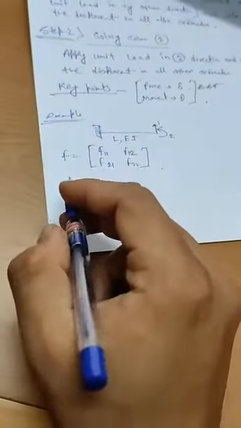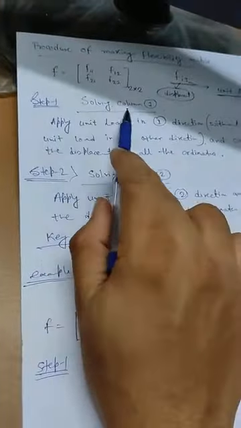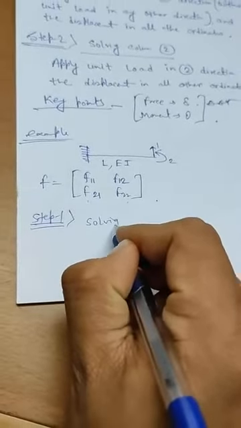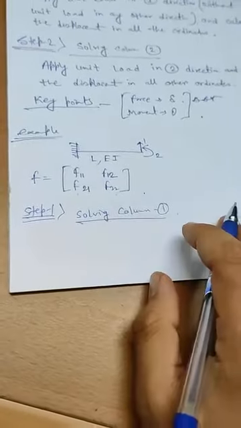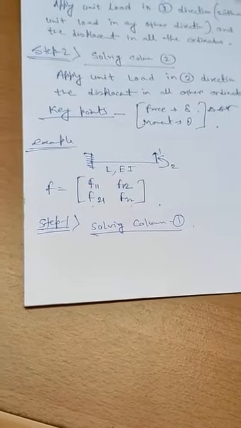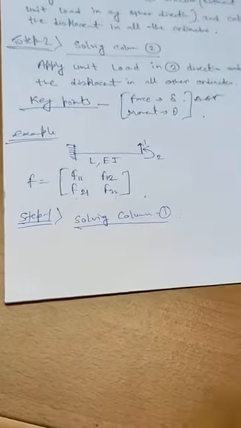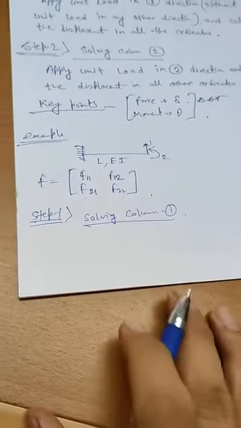First, step 1, we solve column 1, right? For solving column 1, we apply unit load in one direction without applying unit load in the other direction, and then calculate the displacement, right?